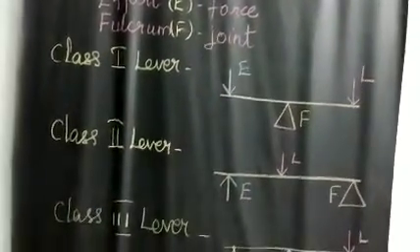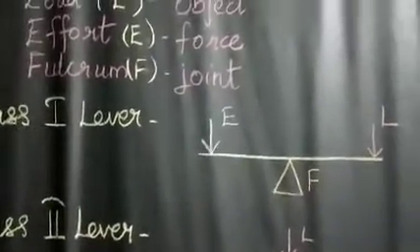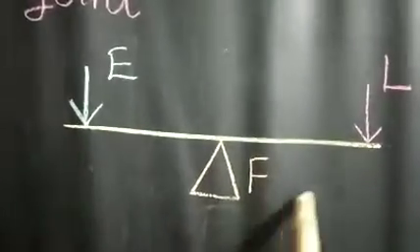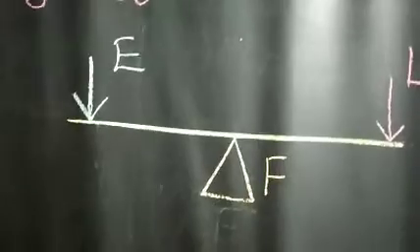So in class 1 lever, we will see first class 1 lever here. So here we have three parts. Before going to that, we'll see L for load, E for effort, F for fulcrum. So there are three parts here also. This is E for effort, F for fulcrum and L for load here.